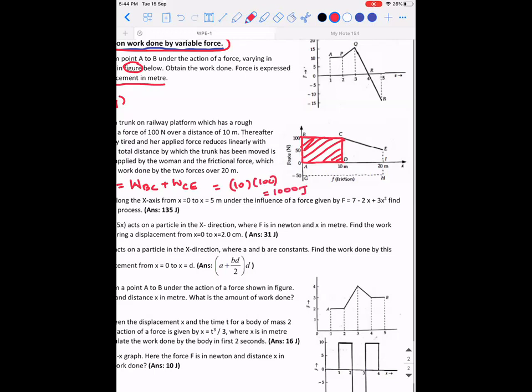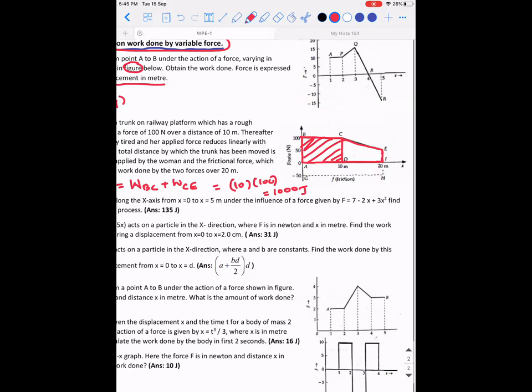Similarly, what is the work done from C to E? It takes the shape of a trapezium. So what is the work done from C to E? Half into 100 plus 50 into 10.